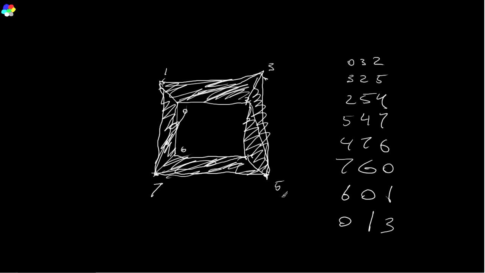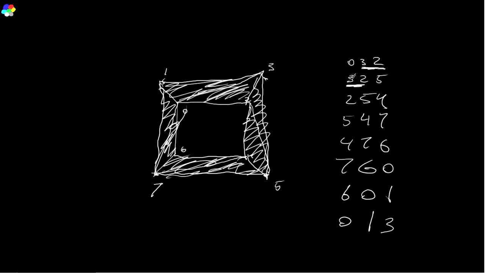Now, those of you who are astute, paying attention, not falling asleep, will notice a little pattern here. The last two numbers of a triangle and the first two numbers of the next triangle always match up.